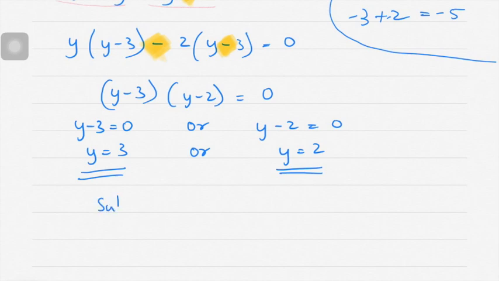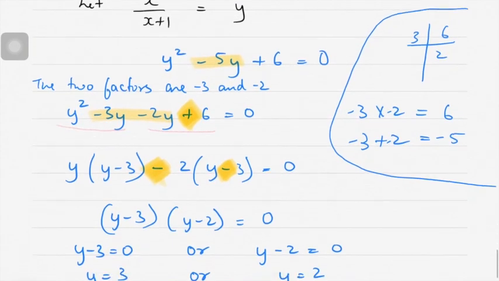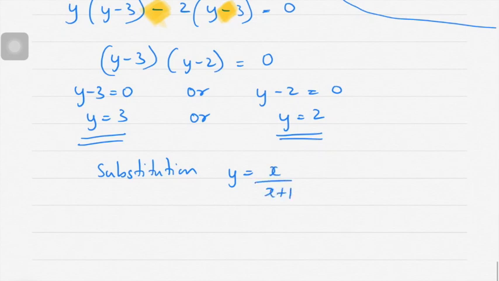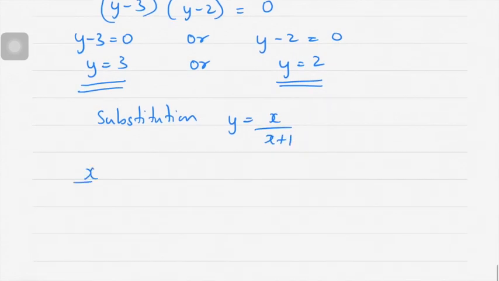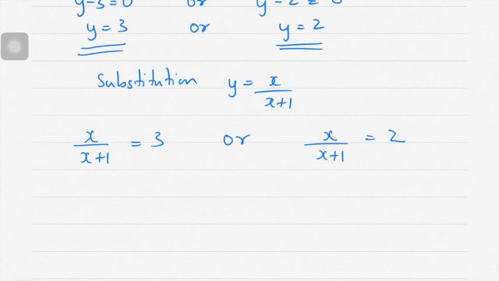Okay, you got the value of y, but you are supposed to find the value of x. Correct? So substituting the y value, y is equal to x upon x plus 1. So x upon x plus 1 is equal to 3 or x upon x plus 1 is equal to 2.